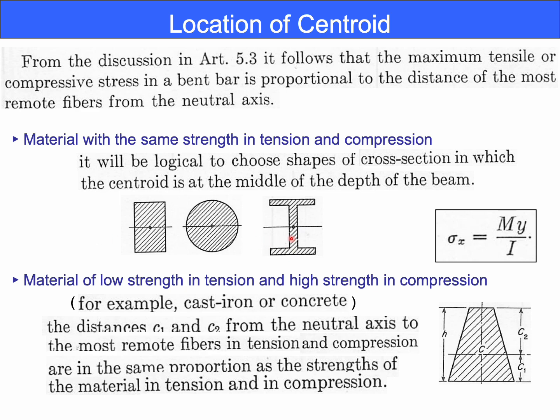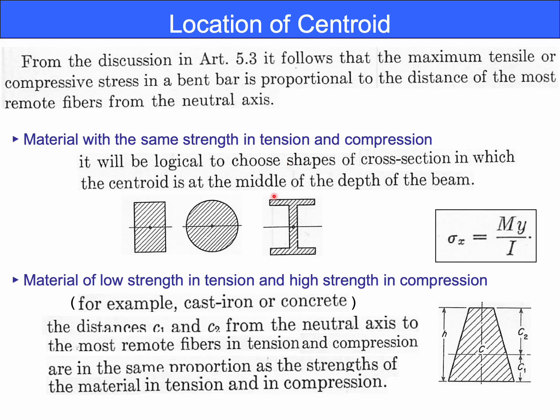That means the extreme fiber distances in tension and compression are equal. In other words, if the material is equally strong in tension and compression, it is fair to place the neutral axis in the middle so that the maximum tensile stress and maximum compressive stress have the same magnitude, just opposite signs.